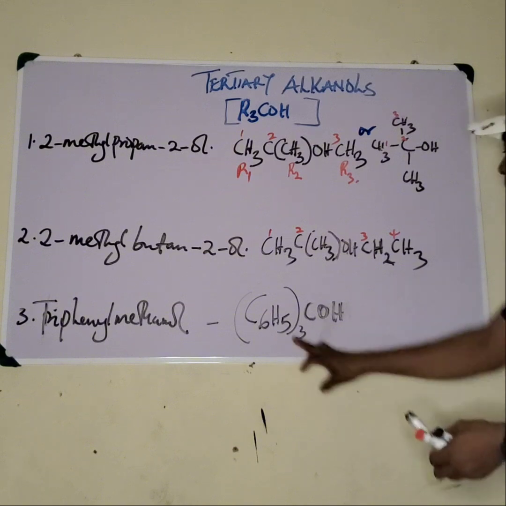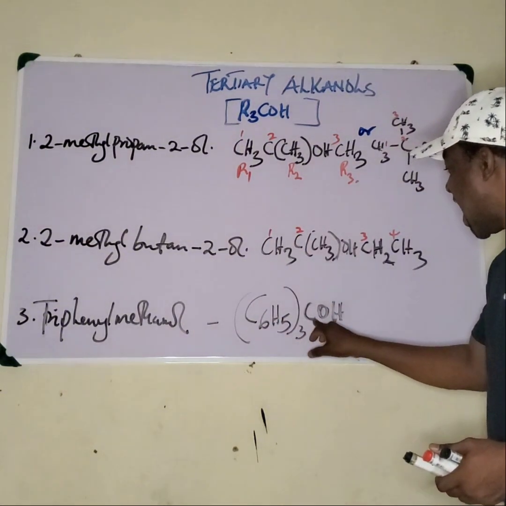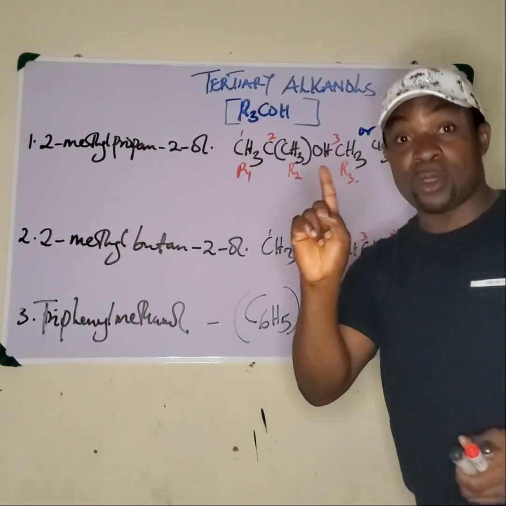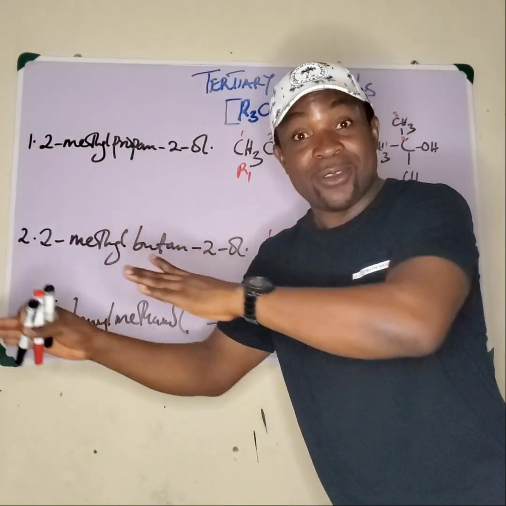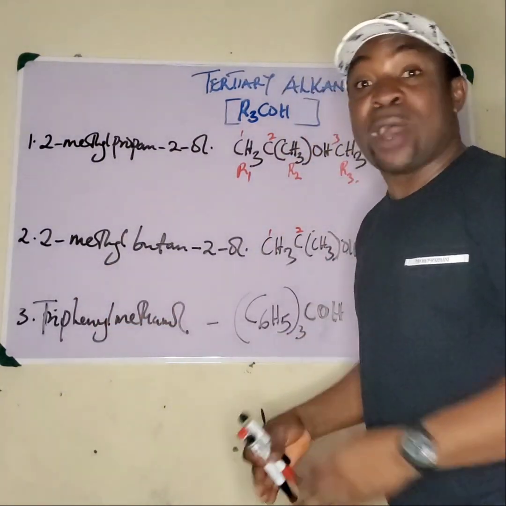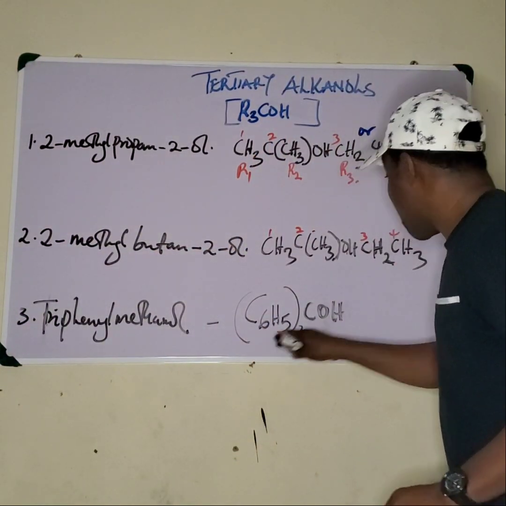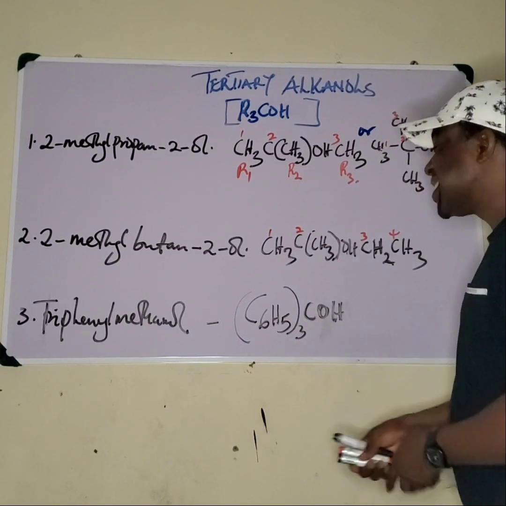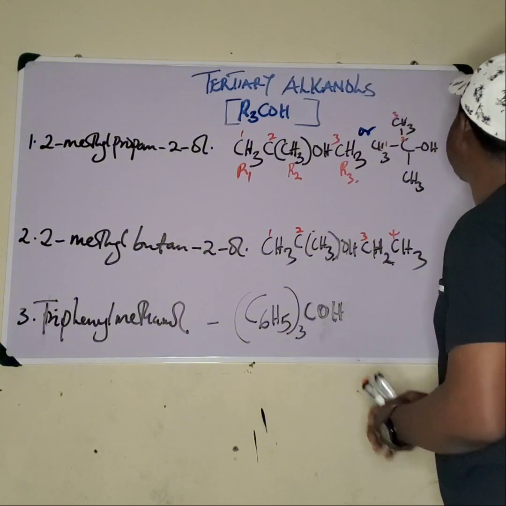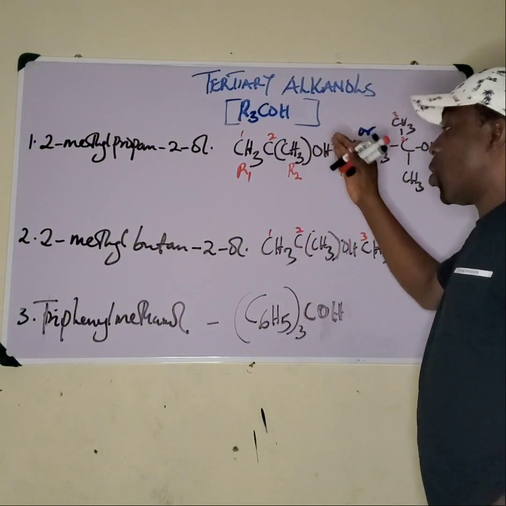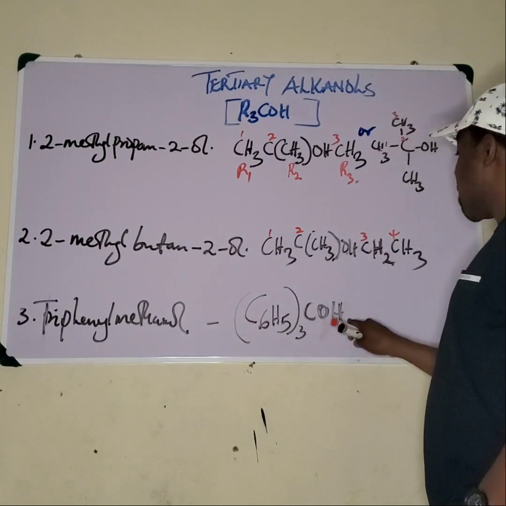So of course we have 3 phenyl groups and only 1 carbon atom. 1 carbon atom means it is methanol, okay? Methanol, we know, while ethanol is 2. So this is the phenyl group, and this is methanol. So this is triphenylmethanol.